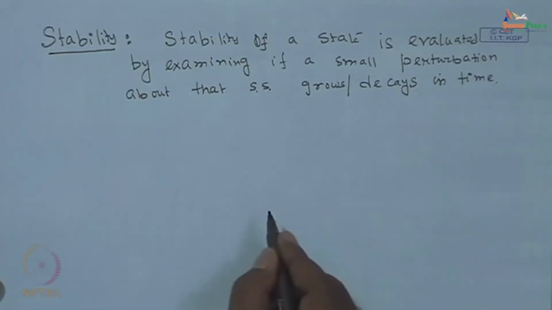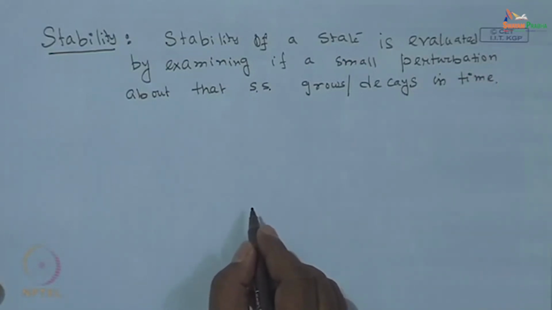That is the definition of the stability of a particular state.